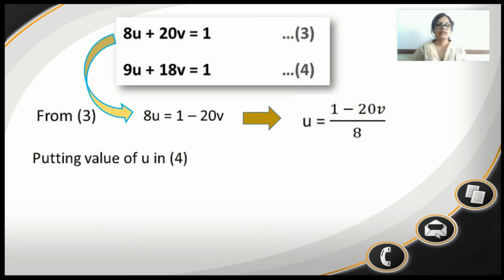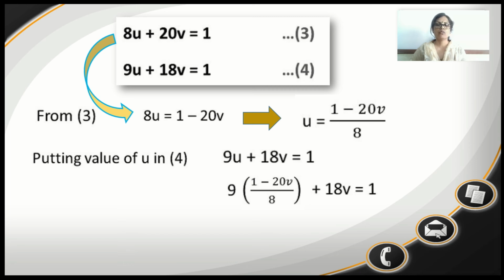Let us do that. So we'll write 9u plus 18v is equal to 1. This is our equation 4. Let us substitute the values now. We'll first write 9. Then the value of u, which is 1 minus 20v upon 8, plus 18v is equal to 1. But still our equation is not simple. I do not want anything at the denominator.